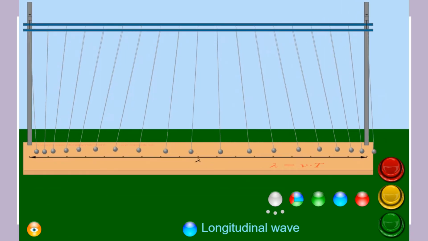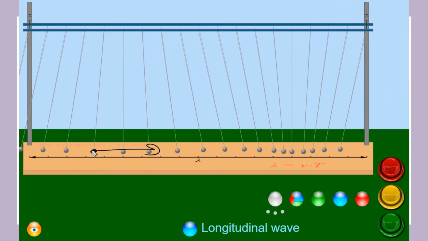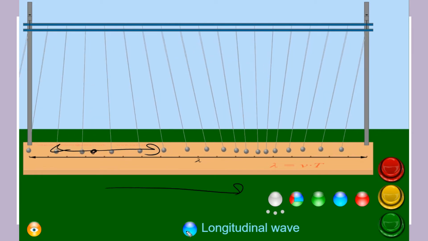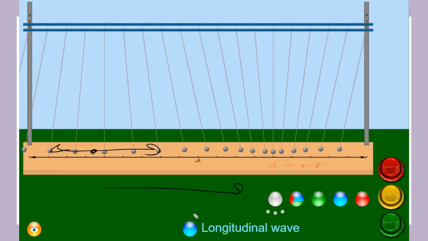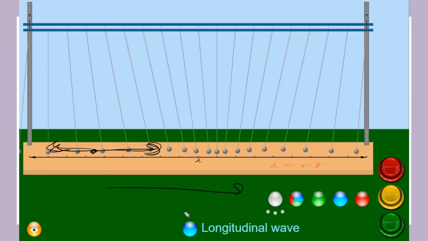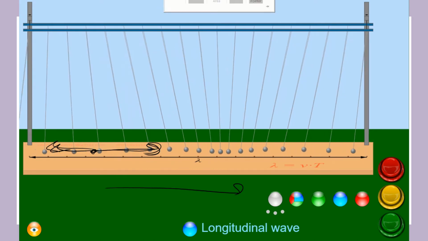You can see in the longitudinal waves that each particle is moving like this. So it is vibrating parallel to the direction of propagation of the wave. It is not vibrating perpendicular, it is vibrating parallel to the direction of propagation of the wave. These are the two types of waves.